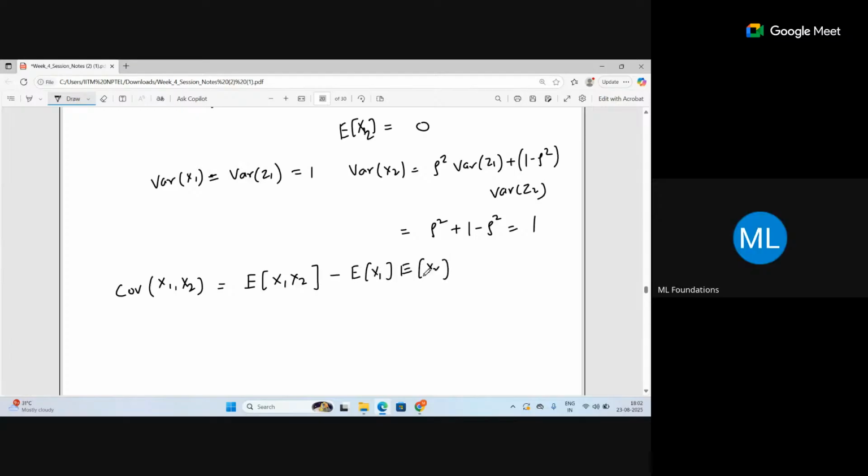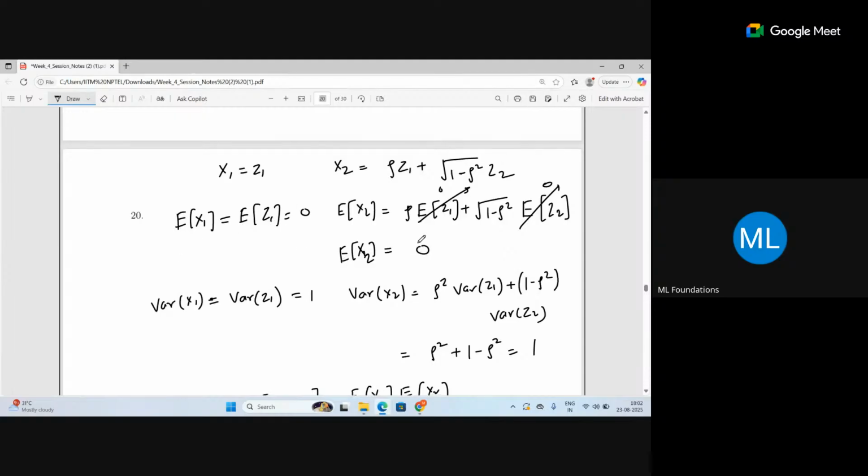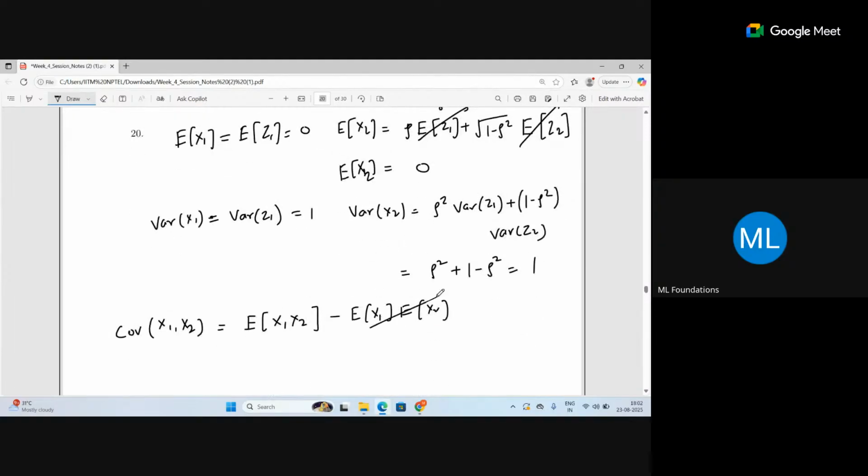This is your formula for covariance, but those are 0, right? We already found above that the expectation of x1 and the expectation of x2 are equal to 0. So that is going to be 0 here.